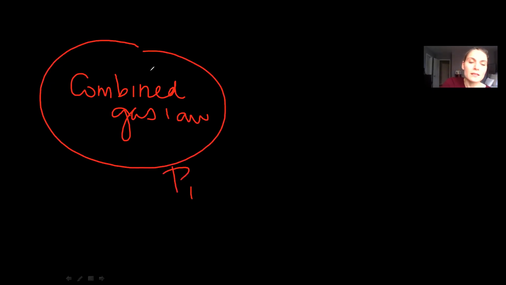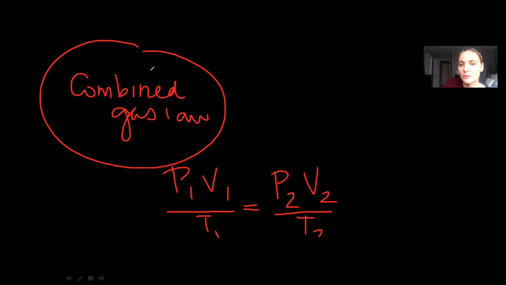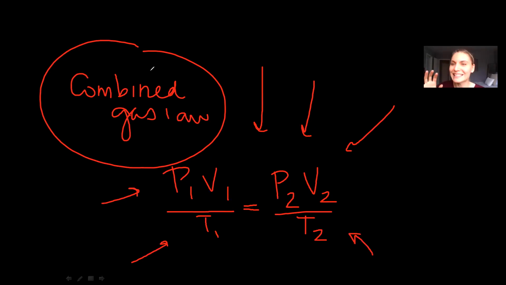Basically what it states is that your initial pressure times your initial volume over the initial temperature equals your final pressure times volume divided by temperature. So if you have this available, it will make understanding these laws just a little bit easier when we run through them.